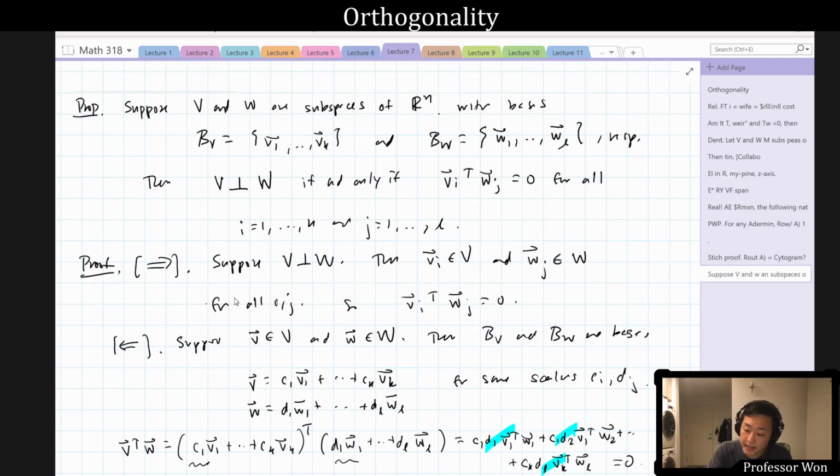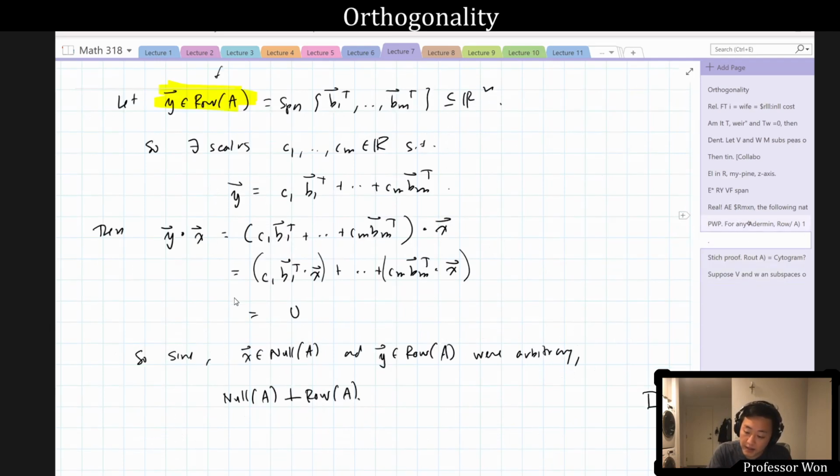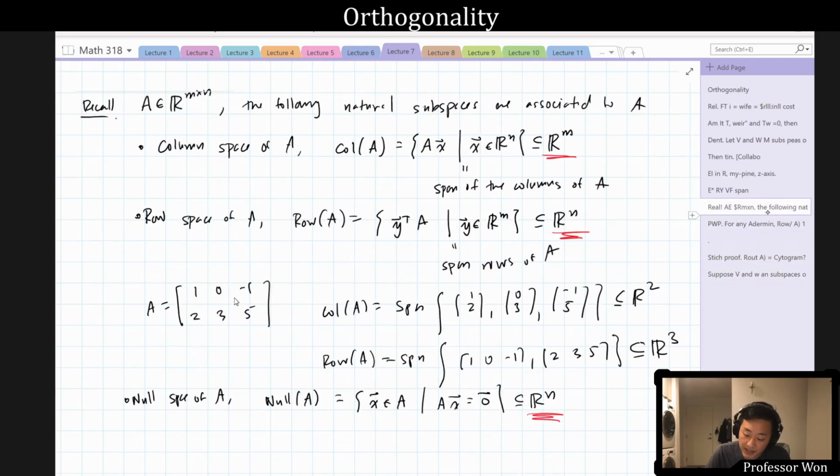Okay, so that's the row space and the null space. But you might be asking, what about our poor column space? Is there a nice orthogonal subspace to the column space? It turns out that there is, and it's not so hard to see why, because the column space you can think of as the row space of the transpose.